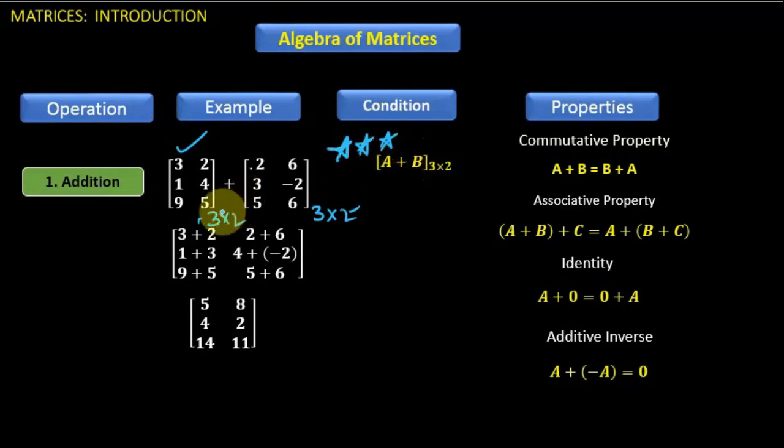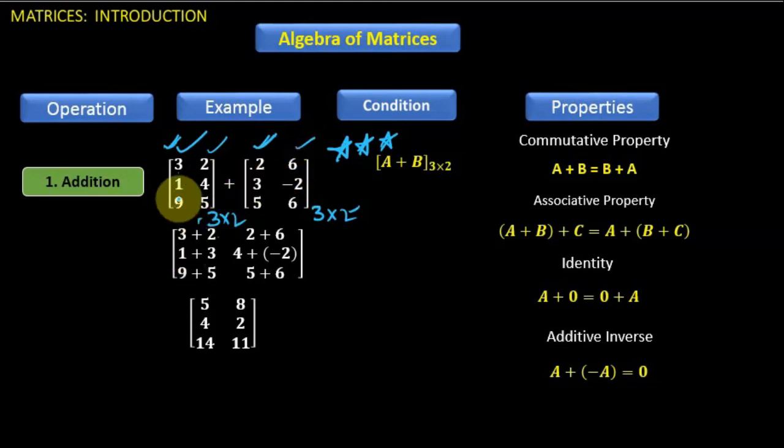How do we add this? The first element will be added with the second matrix's first element. Corresponding elements will be added. So this 3 plus 2, similarly this 2 plus 6. Here the second element is added with the second element of the second matrix.